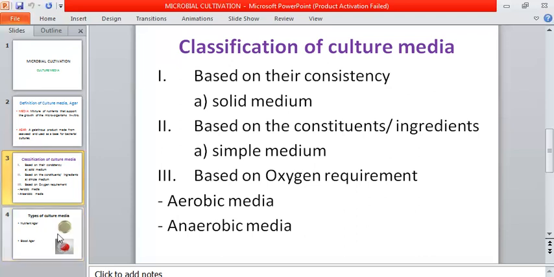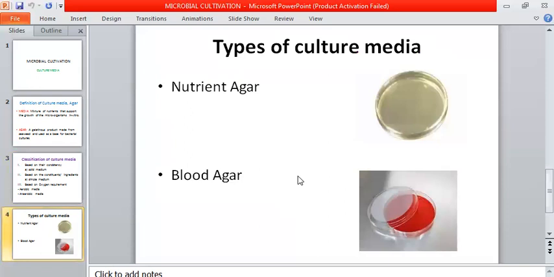So let us go ahead and look at the types of culture media. We have various types of culture media, and as you can see there, we have nutrient agar and the blood agar.